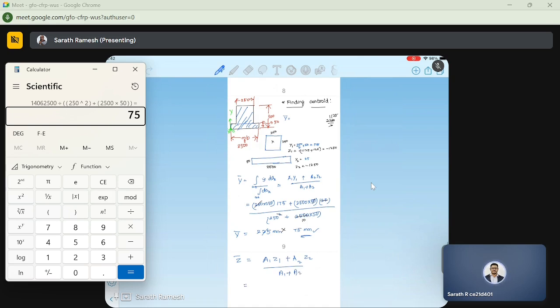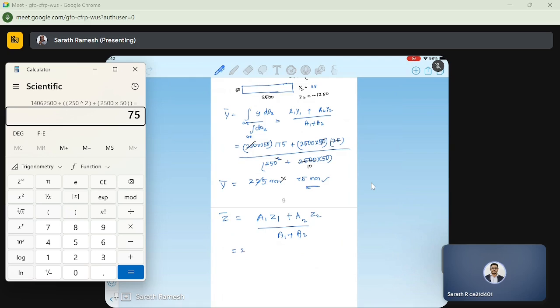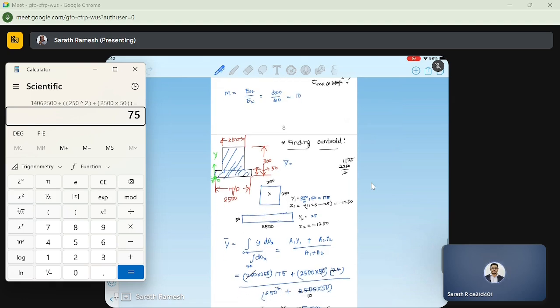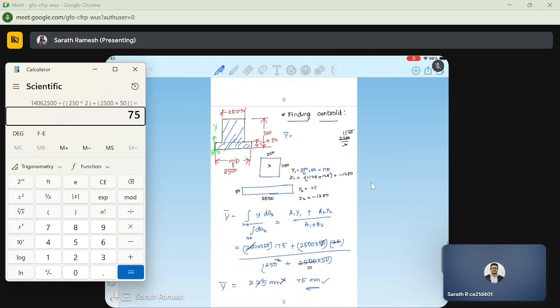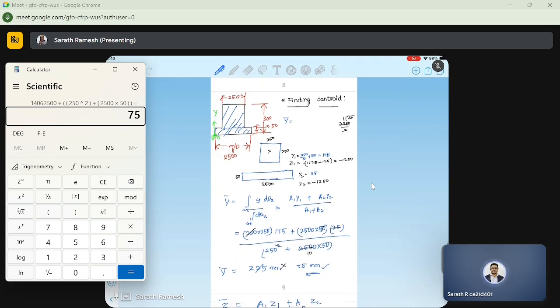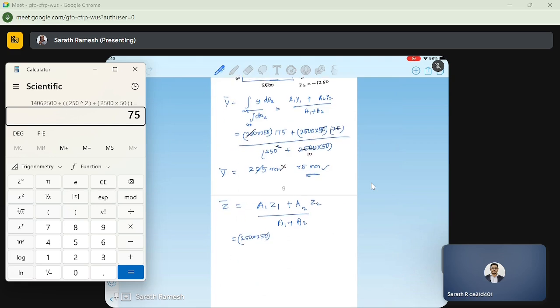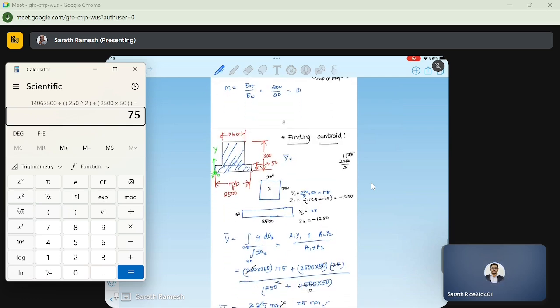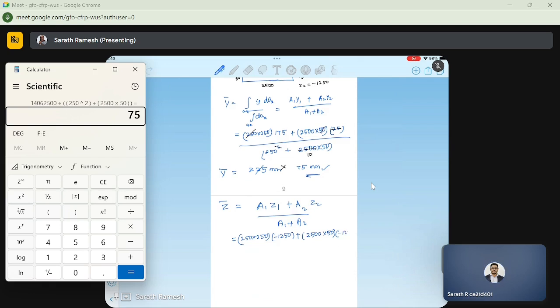So this is equal to 250 into 250 times z1, where z1 will be minus 1250, plus a2, 2500 times 50, where z2 will again be minus 1250, the whole divided by 250 times 250 plus 2500 times 50.